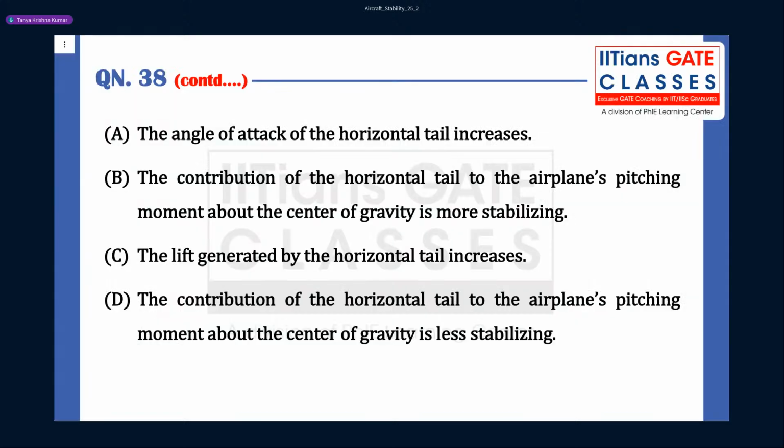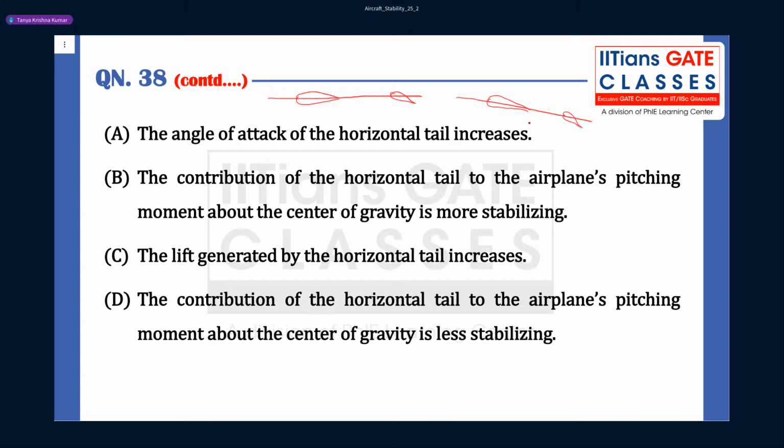Okay, the angle of attack of the horizontal tail increases. Now remember that in the question they said it is subjected to a nose-up perturbation. So if your aircraft was initially like this, where you have the wing here and you have the tail here, it is subjected to a nose-up perturbation. What happens? The fuselage reference line is inclined, your wing is here, and your tail is here.